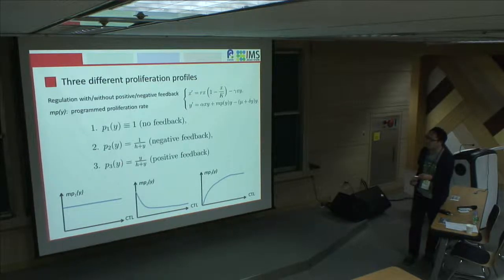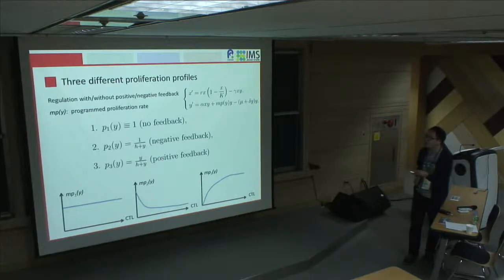And this term represents the autocrine or paracrine type proliferation of CTL. CTL can produce IL-2, and then IL-2 can become a stimulus for the proliferation of CTL. So there is a kind of positive feedback proliferation.